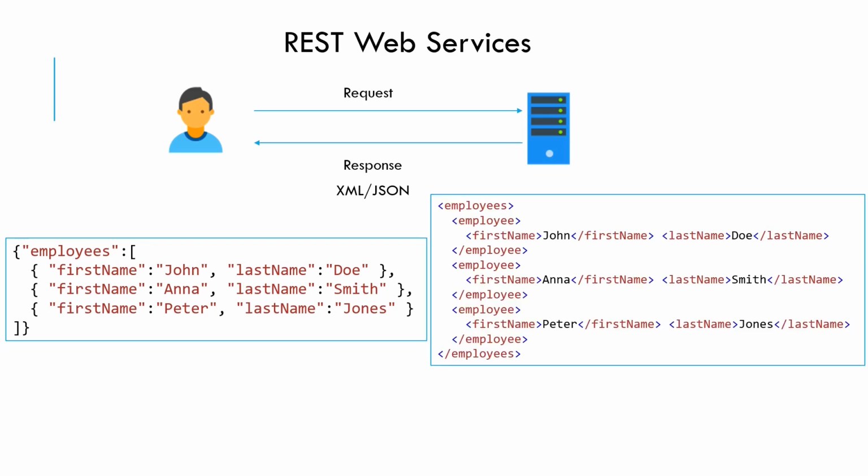Now, if you see the XML format, it has the same data. But one thing you can notice is that the XML format is more verbose. It has extra tags, which we don't see in the JSON format. So that's why JSON is more lightweight and more popular, and mostly utilized by the REST web services, right?